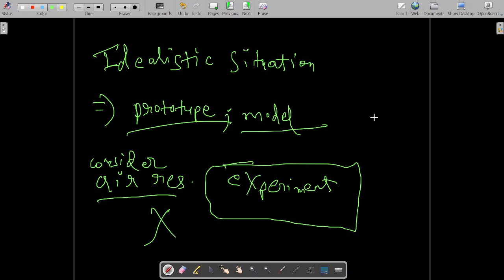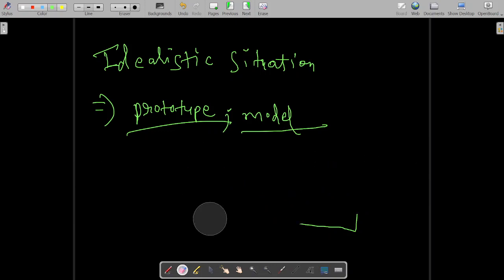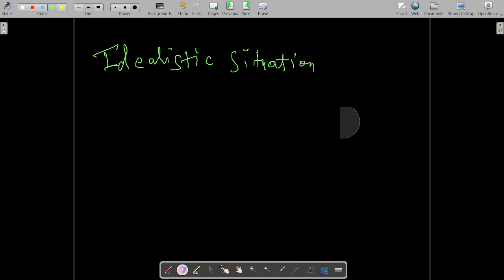So you will require one physicist and one geographer, and both of them together will make this experiment successful. But such situations cannot be solved on paper, so such situations are not given to you.